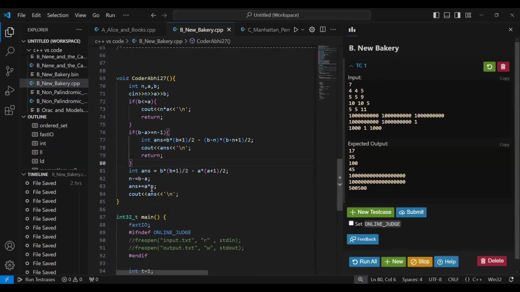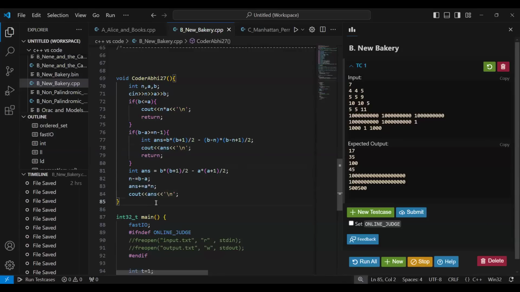Okay. So now this was the code, and what's the complexity of this code? So if you look, we just took 3 inputs, and then for one case, we just print out n into a, this is a constant time operation. Then we just stored the answer as a formula, which is a constant time operation, and then print it out. Then again, we wrote a constant time operation and printed it out.